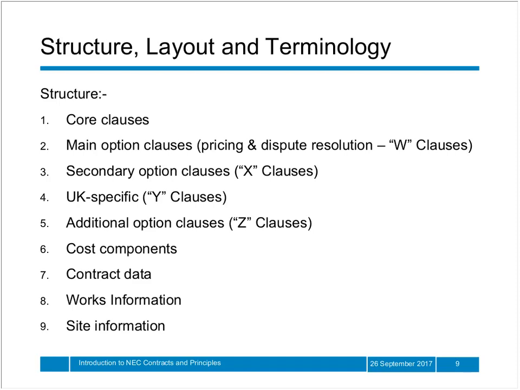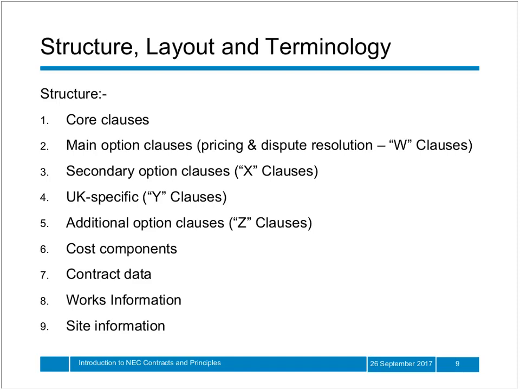The core clauses set out the main responsibilities of the contractor, time elements such as programme and completion, testing and defects, payments, compensation events, which are the events that would entitle the contractor to more time or money or both, which are known as variations in other contracts, risks and insurance, and also termination provisions.